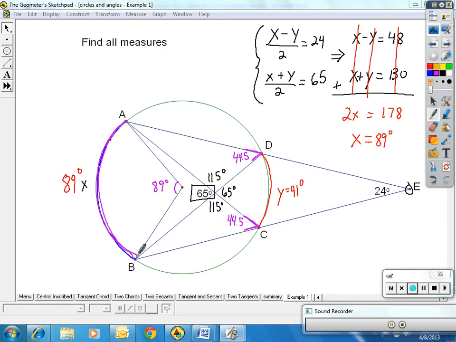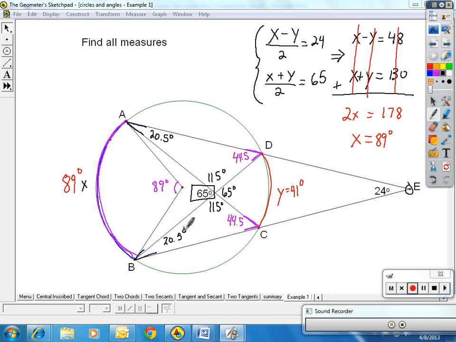Coming from the other direction, I see these are inscribed. They intercept a 41 degree arc, so that leaves 20.5 because I cut it in half. This one is also 20.5 degrees as well.